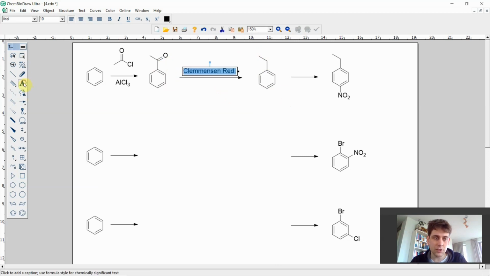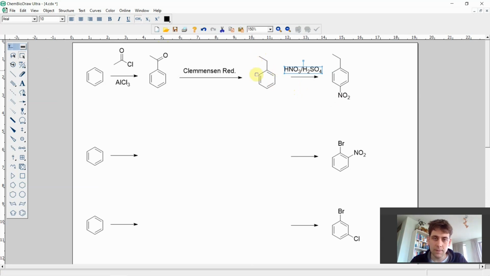And in the last step, we just need to use our nitration reagent, so nitric acid together with sulfuric acid, and in this case our ethyl substituent helps us to push the nitro group into the para position. First, of course, due to the electronic effect, it's a plus I substituent, and the second reason is the steric hindrance caused by this alkyl chain.